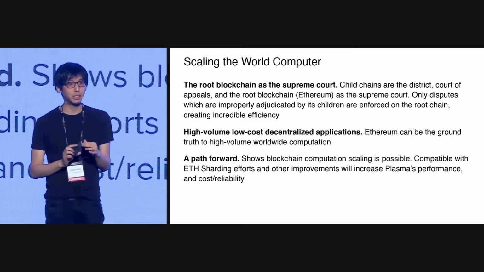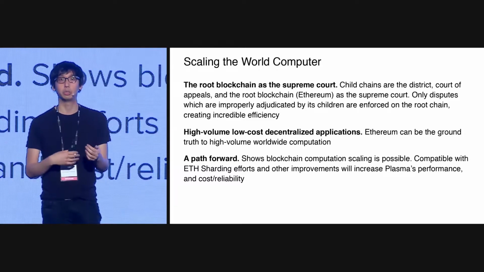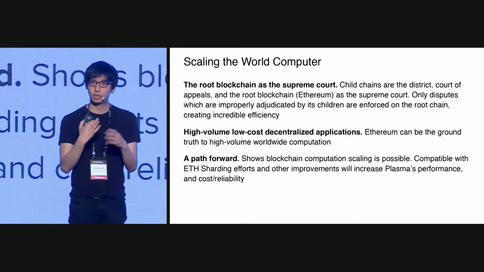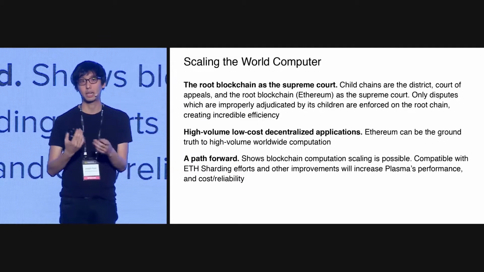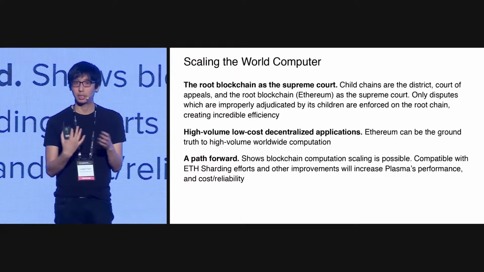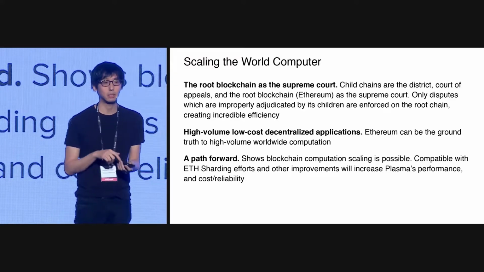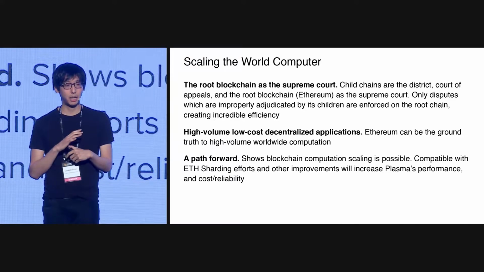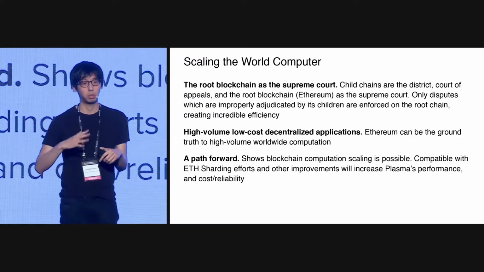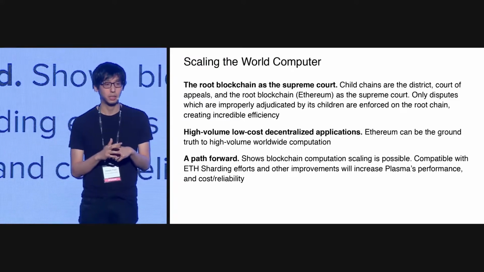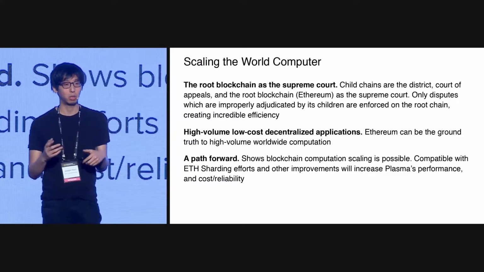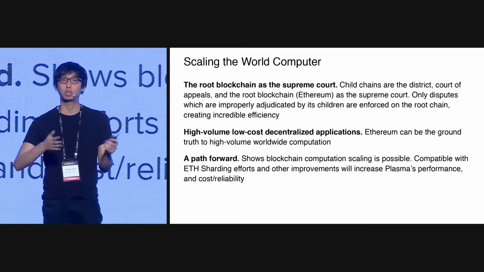So it's only disputes that need to be adjudicated on the root chain, and transactions in and out. So it's high value transactions in and out, and disputes, and then the periodic commitments that I talked about earlier. That allows for high volume, low cost decentralized applications, and allows for a path forward when it comes to multiple strategies.